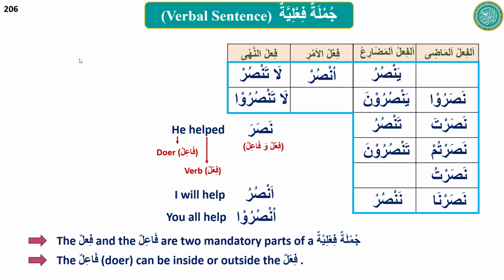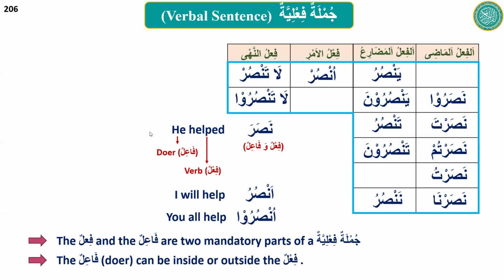When the inside doer is he or she. Yeah, when the inside doer is he or she, there could be an outside doer, outside file. Where will be that outside doer? Before the fail or after the fail? After the fail.